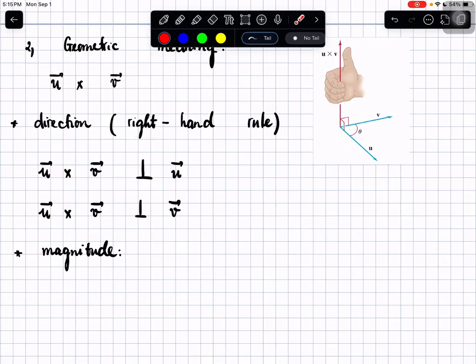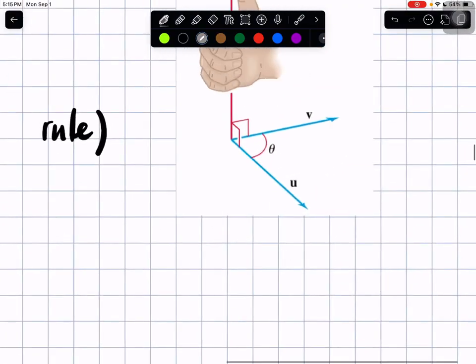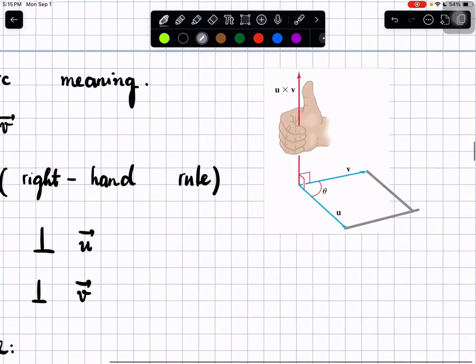And now the magnitude. The magnitude of vector u cross v is actually the area of the parallelogram formed by u and v. So for example, in this case, we will have this parallelogram, the one formed from u and v, and the area of this one is the magnitude of u cross v.